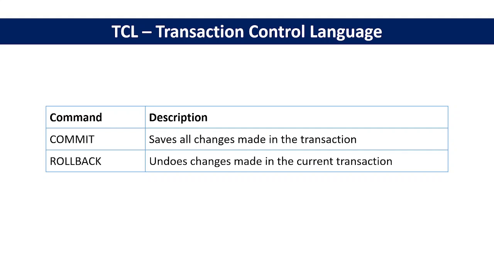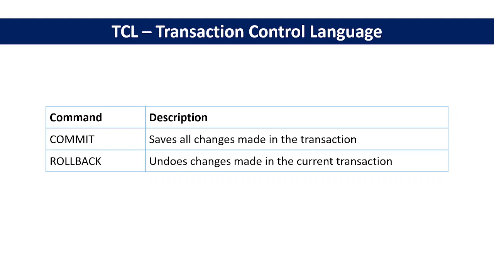Going next, the last part of commands in SQL is TCL, Transaction Control Language. Now, this is useful when we are doing multiple data changes, especially when we want to make sure those changes are saved correctly or rolled back if something goes wrong. So here also we have two types of command, commit and rollback.